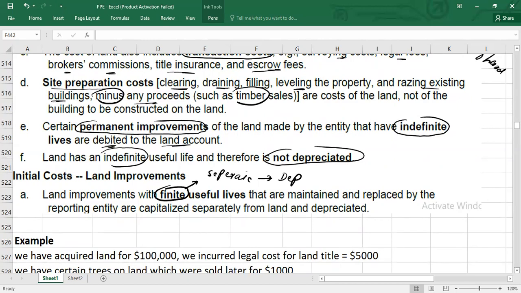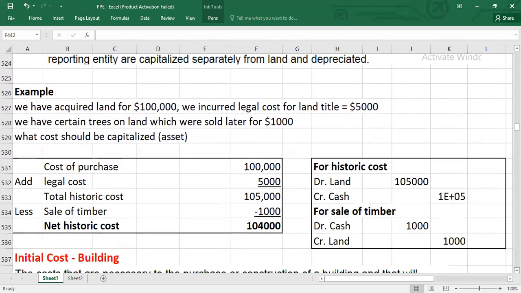Here we have a small example. For example, we have acquired a land for $100,000. We incurred certain legal cost for the land title of $5,000. We have certain trees on the land which were sold later for $1,000. So the question is, what cost should be capitalized?